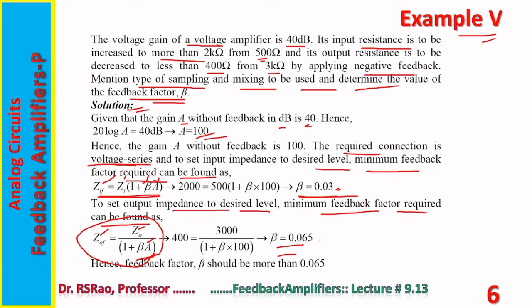0.065. Notice input impedance enhancement requires a minimum beta value of 0.03, whereas required decrement in the output impedance requires a minimum value of 0.065 for beta, but only one value can be given to beta.